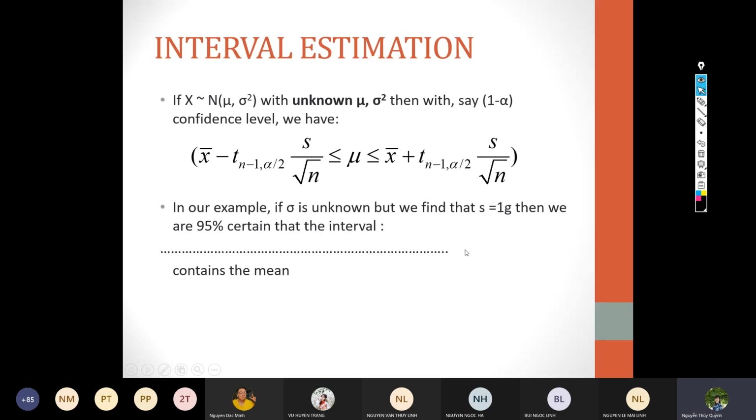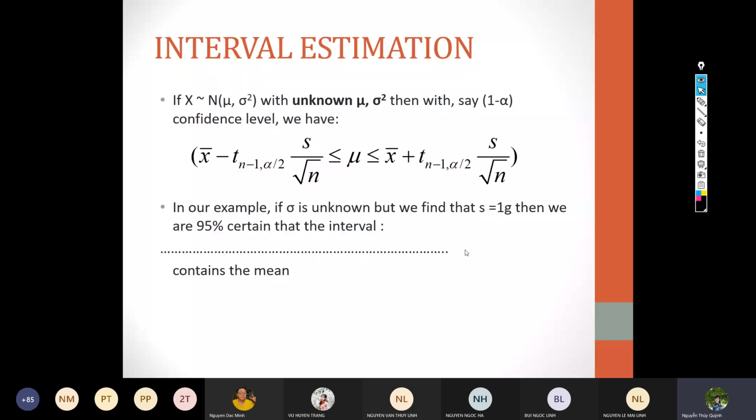So in this example, sigma is unknown, but from the sample of 36 tea bags we calculate the sample variance, and we get a value of 1 gram. That's why the standard error is also 1 gram.